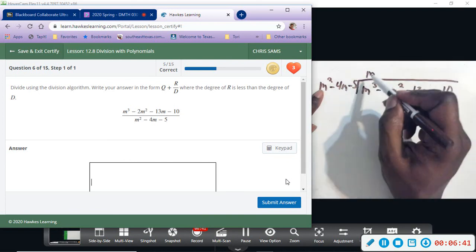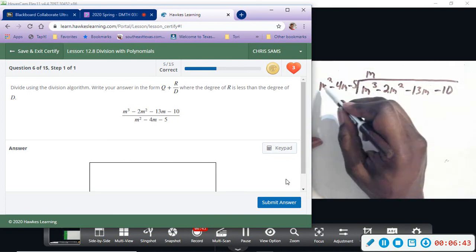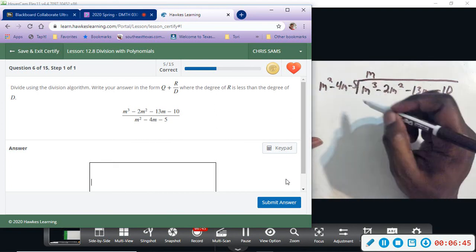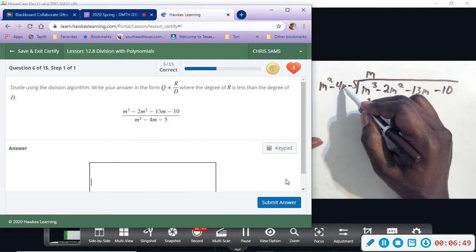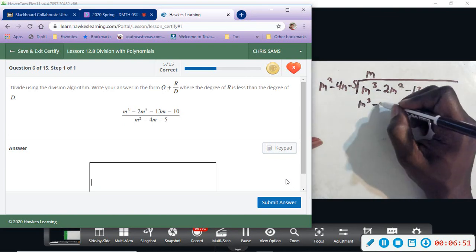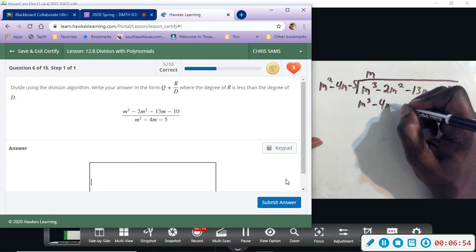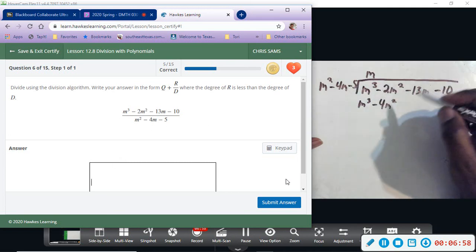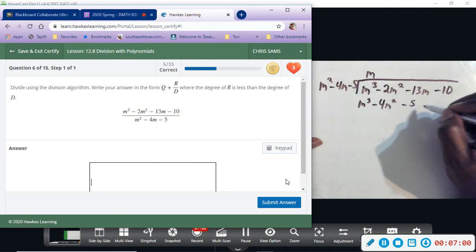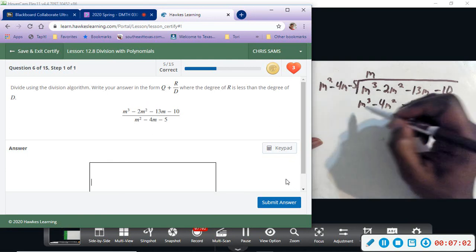Alright, so I'm going to multiply everything times m. 1 plus 2 gives me 3, so m cubed. 1 plus 1 gives me 2, so minus 4m squared. And then negative 5 times m will give me a negative 5m. Okay?